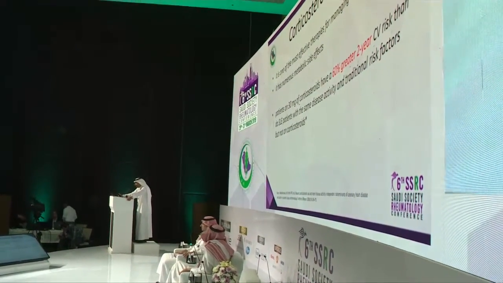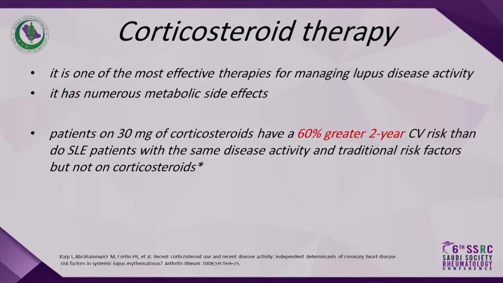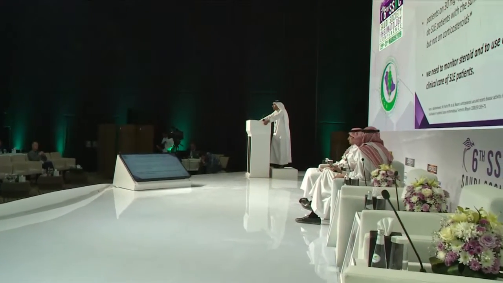I think Michel Bitry showed that if you start the patient on 30 milligrams of corticosteroid, you increase the cardiovascular risk by 60% over 2 years, compared with a lupus patient with the same disease activity and the same traditional risk factors. This is very clear, the role of steroid in increasing cardiovascular events. So we all need to monitor the steroid, and we should use steroid-sparing agents whenever we are managing lupus patients.